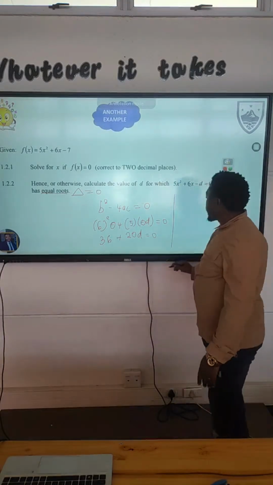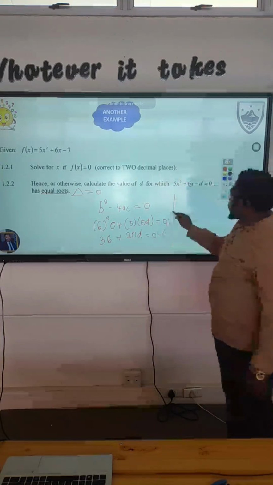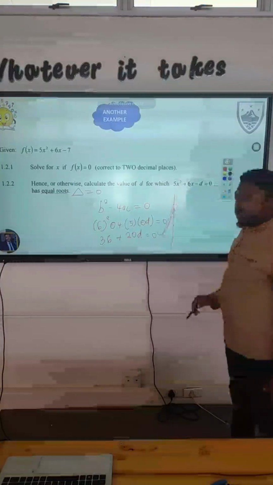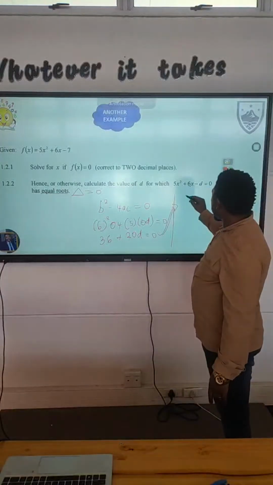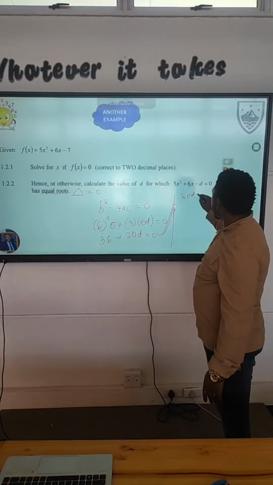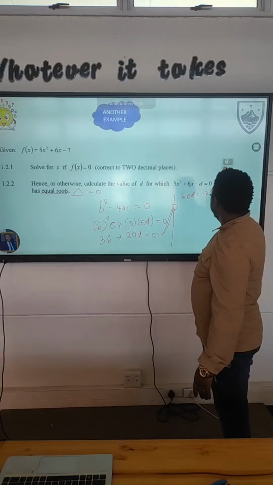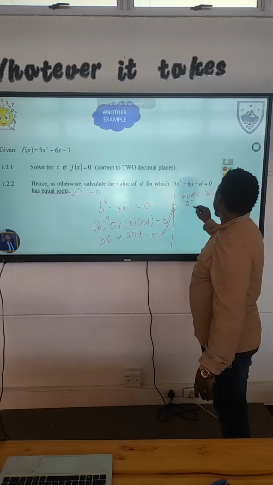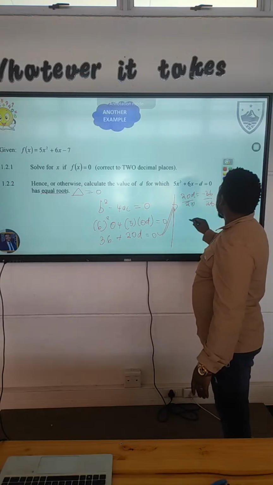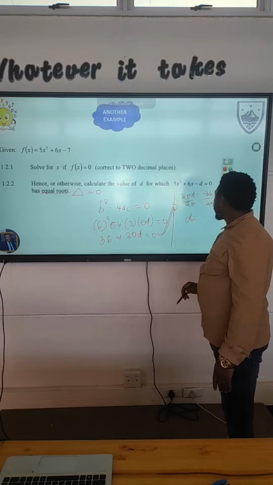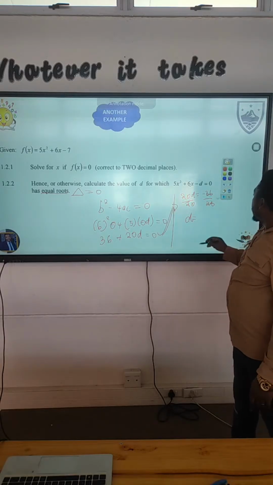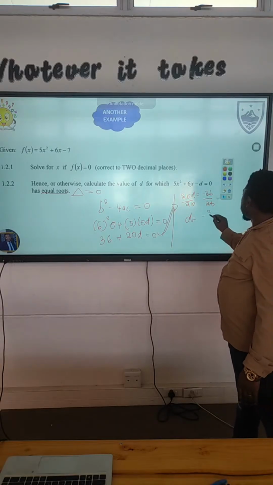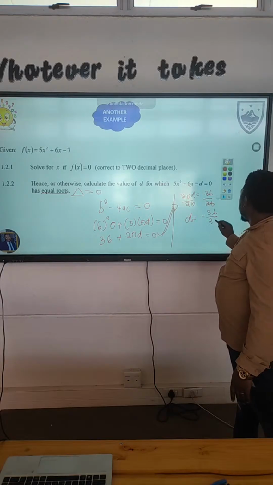We can simply solve this. Now I have 20d equal to negative 36. We divide both sides by 20, and my answer will be negative 36 over 20.